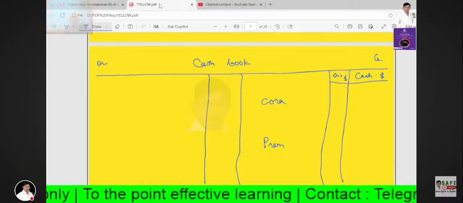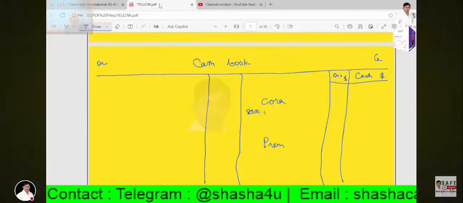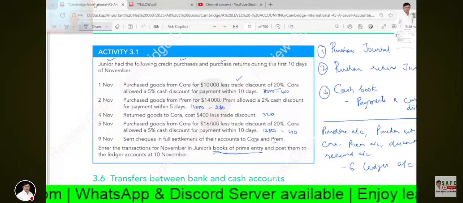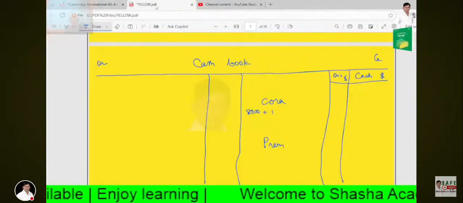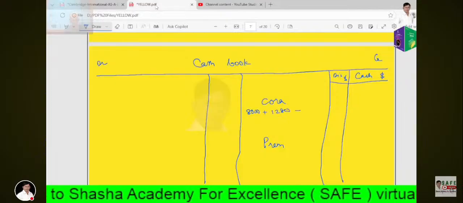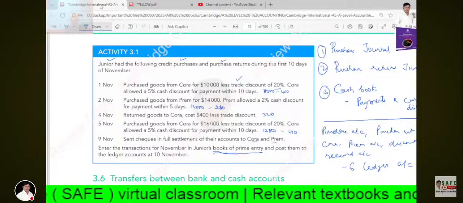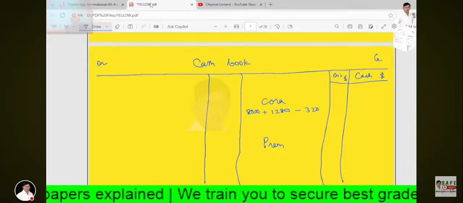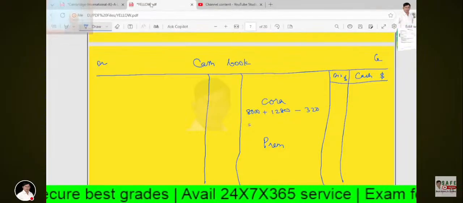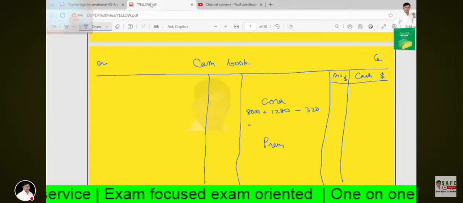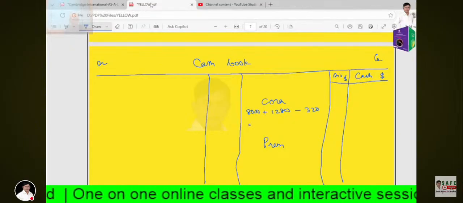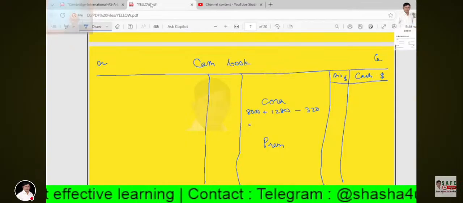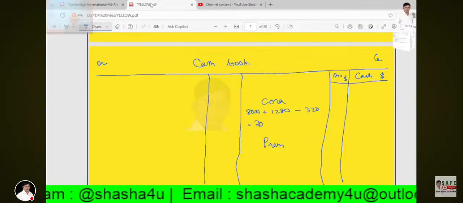So 8,000 plus 12,800 minus 320 returned. So 8,000 plus 4,800 minus 320. You have to pay 20,480.